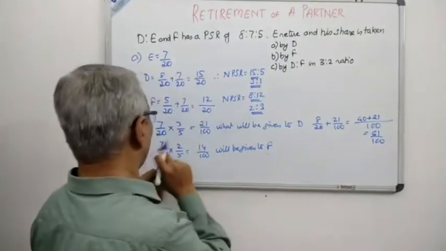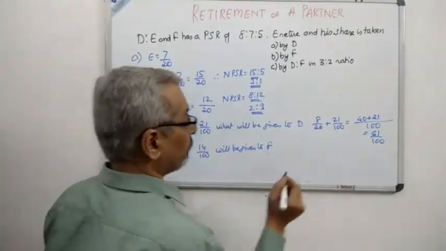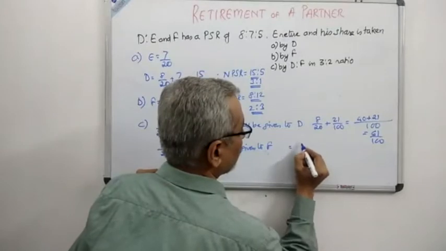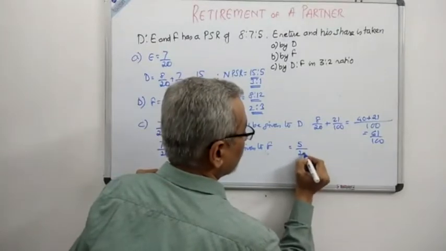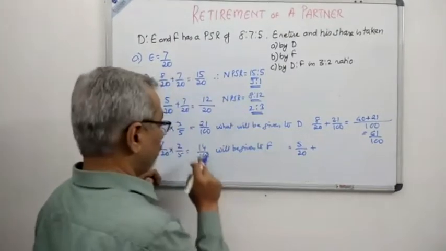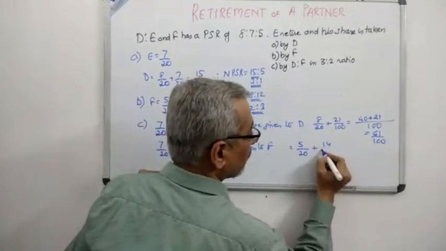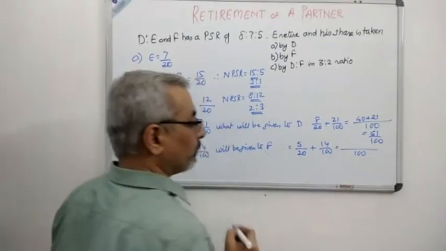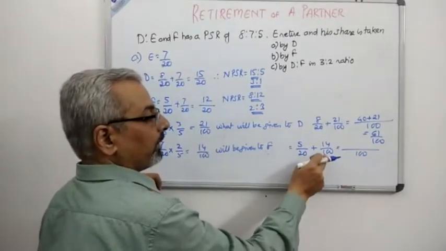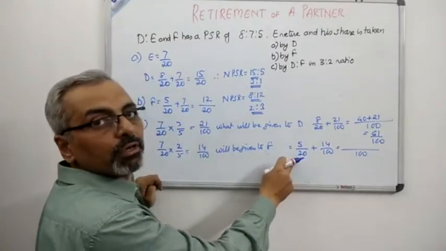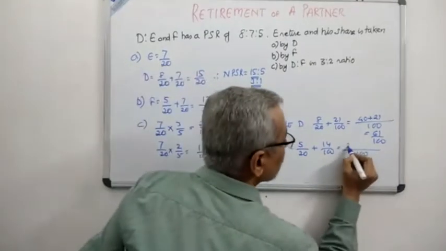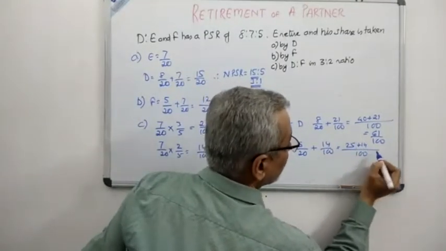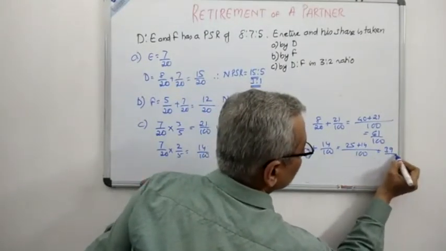And for the next partner, that is F, F will be having a ratio of 5 by 20 initially. With that we will be adding 14 by 100. If you see very carefully, the LCM will be 100 over here again, and if we divide 100 by 20, how much do we get? 5. 5 into 5 gives us 25 plus 14, that gives us a value of 39 by 100.